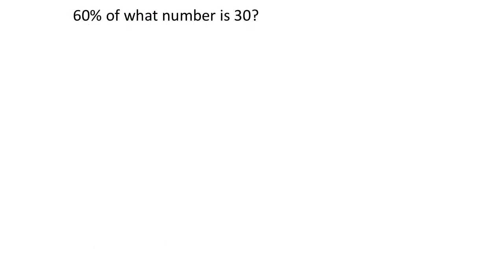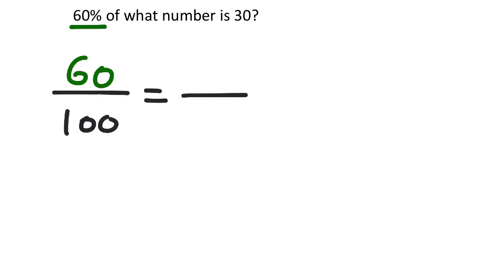All right, 60% of what number is 30? Well, let's find out. With the percent proportion, it's out of 100. And yes, this one did give us the percent, 60. So it's 60 over 100. And remember, the two key words we're looking for are "of" and "is" in these types of problems.